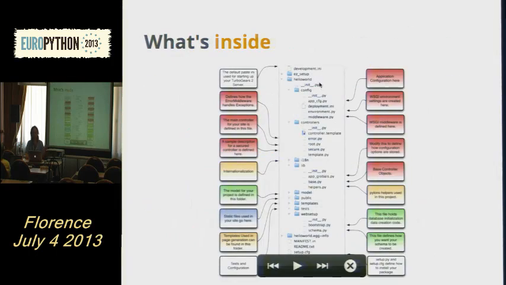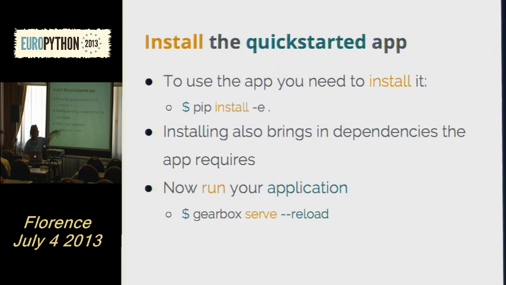Now, to start using it, and this is how it looks, as I showed you on the shell, with what is available by default, the helpers and so on. To start using my application, I actually need to install it. Otherwise, I won't be able to run it.